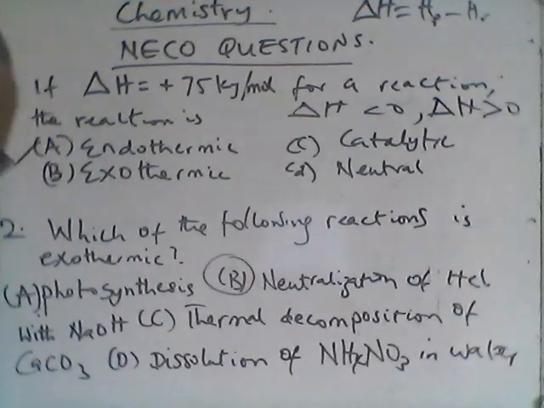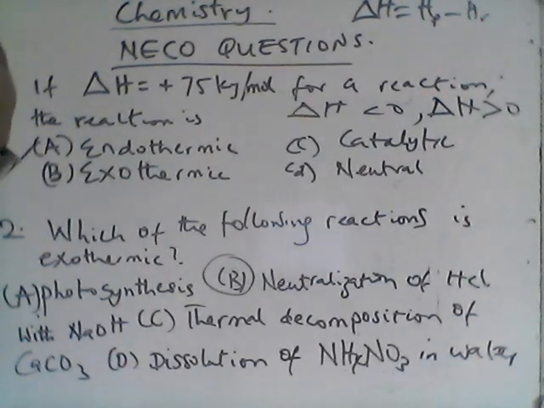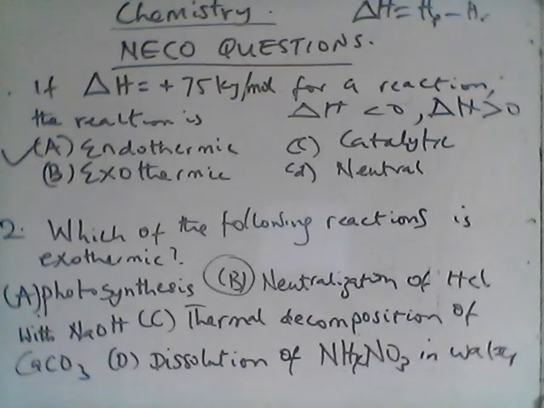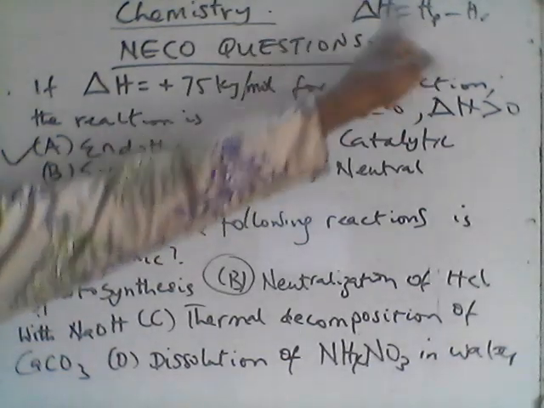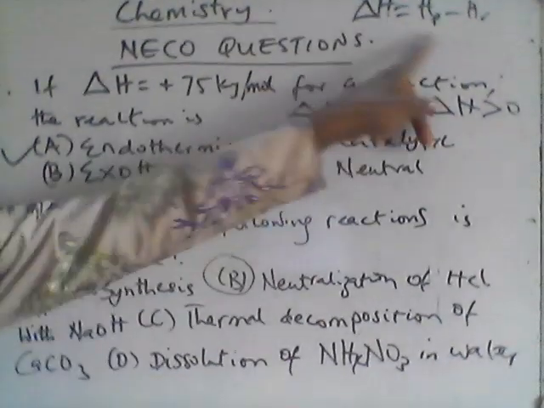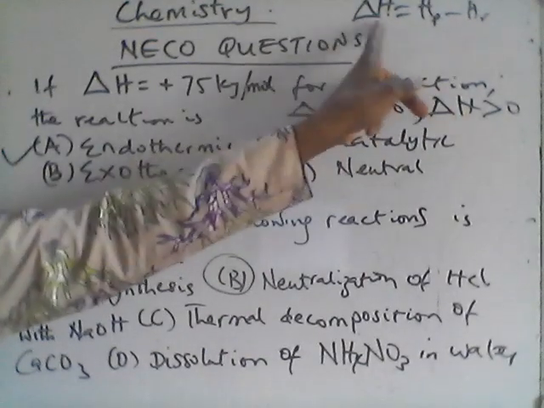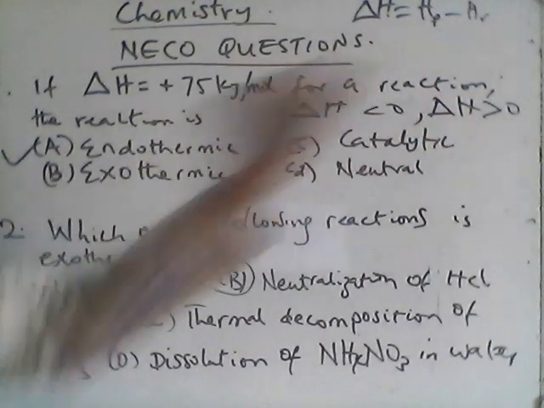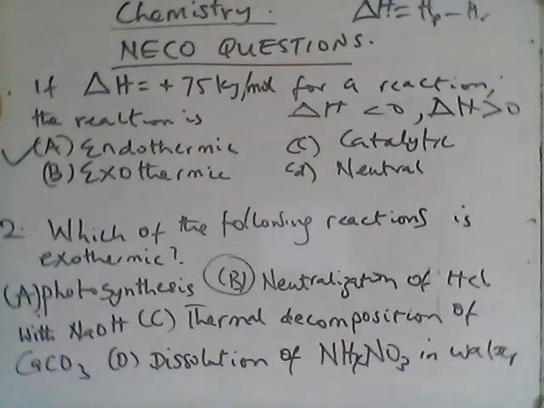We also looked at the enthalpy change, the difference between product and reactant. If we have positive here, it means the reaction is endothermic, and if you have negative, it means that it's exothermic.